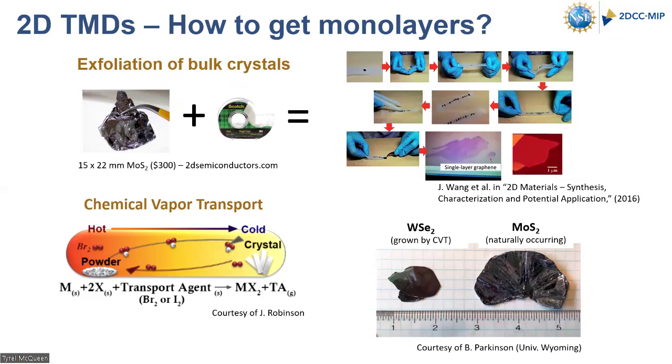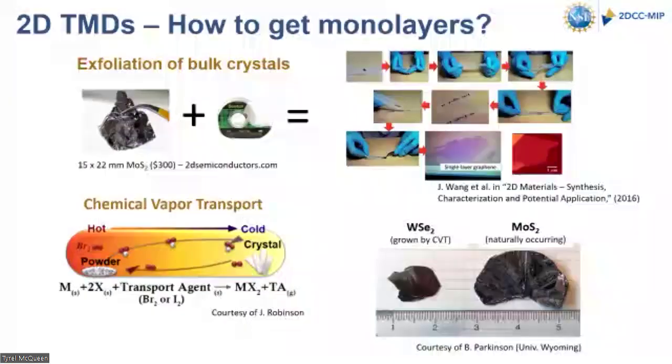You also introduce a transport agent, because it's difficult to volatilize the molybdenum-containing sources or the tungsten-containing sources. You put your ampule into a tube furnace, you let it sit for about a week, and then you'll start to crystallize on the opposite end that's a little cooler, right? This works really well, and you can make a whole variety of TMDs and other chalcogenide crystals using chemical vapor transport, but it's really tricky to get large crystals this way.